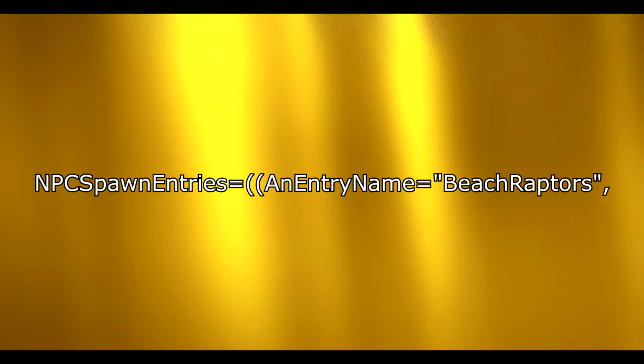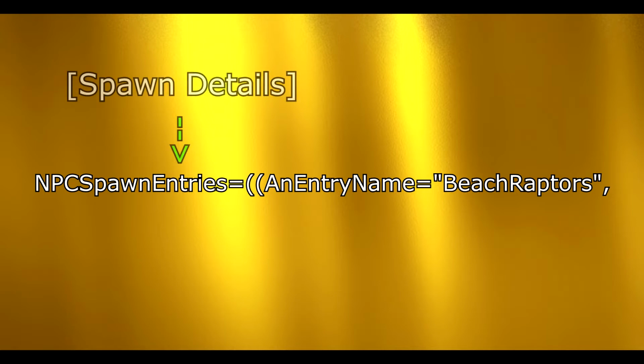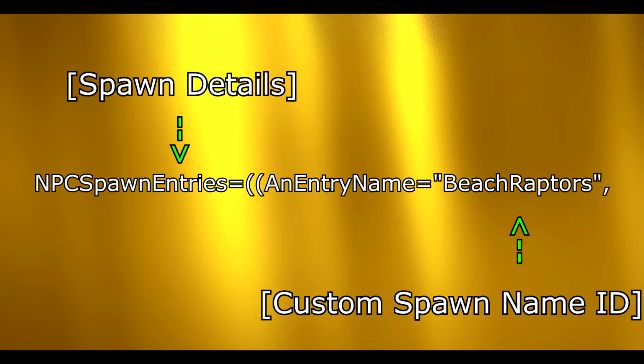The next part of this line of code is as follows. NPCSpawnEntries equals, open parenthesis, AnEntryName equals, open quote, close quote, comma. This part gives the line of code a name for you to identify should you decide to come back and edit or delete the line of code later.